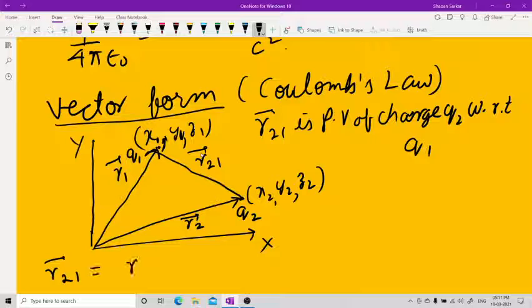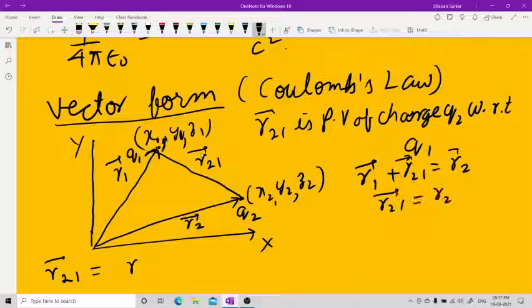If you use vector addition, r1 plus r21 is nothing but r2, and r21 is nothing but r2 minus r1, which I have already done in my earlier videos for gravitation and all that.